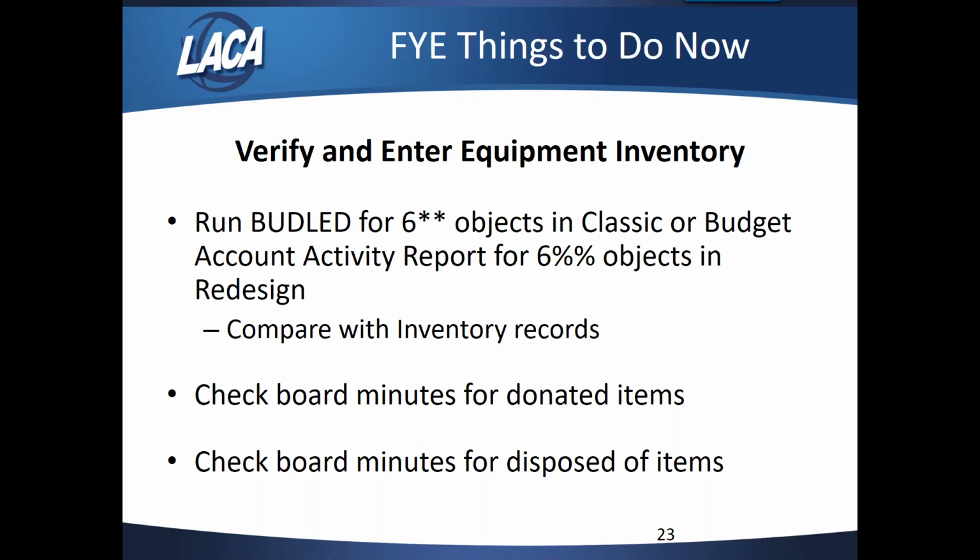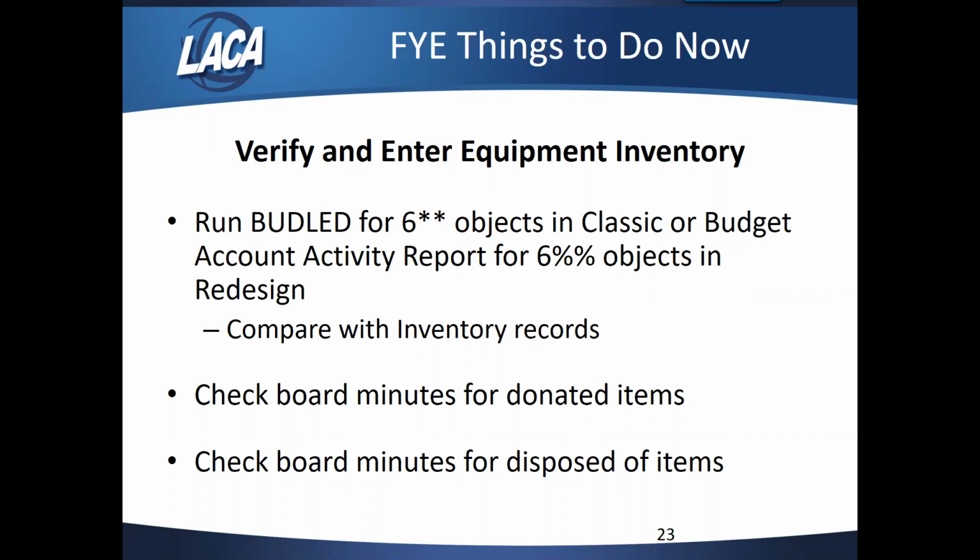And in Redesign, you would run the Budget Account Activity Report in the Report Manager for any 600 object code. And you see there on the screen that in Classic, your wildcard is the asterisk, and in Redesign, it's the %. So those are your wildcards when running reports to make sure you get all 600 objects.